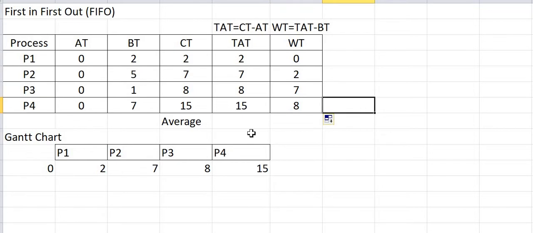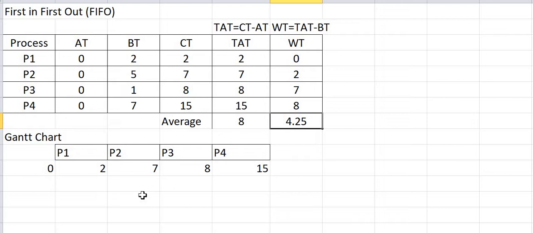Finally, we calculate the average turnaround time and the average waiting time of all the processes. So the entire set of processes P1, P2, P3, P4 has taken 8 milliseconds on an average, and has waited for the CPU for 4.25 milliseconds. So this is how FIFO works.